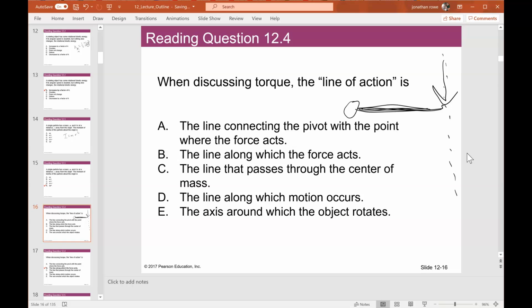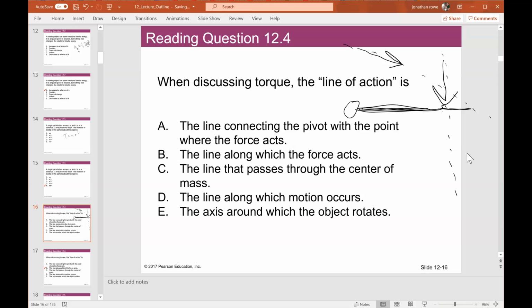I think it's B. If you were applying a force like this, then your line of action would be this, and you would have to extend the lever arm to there for it to actually cross the line of action. So I think it's B.